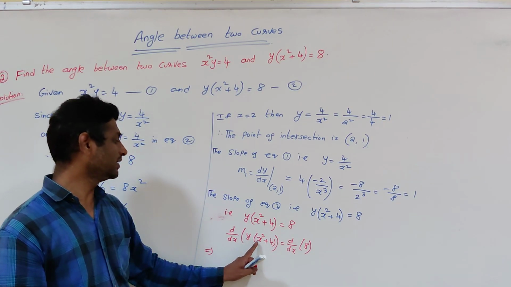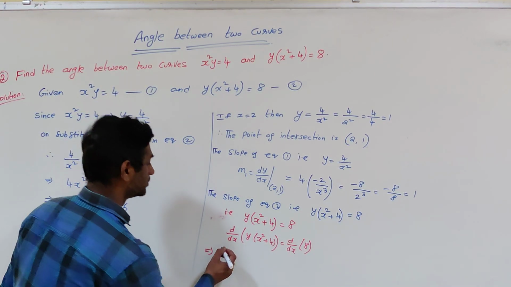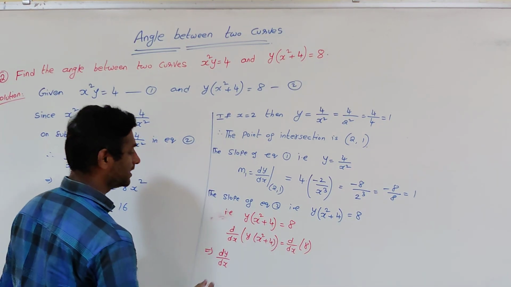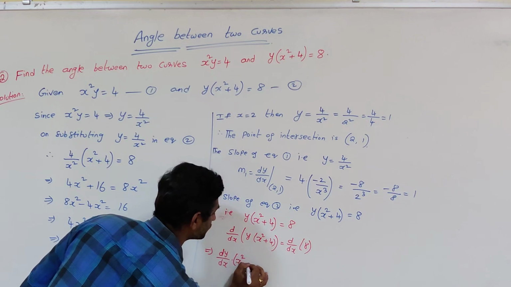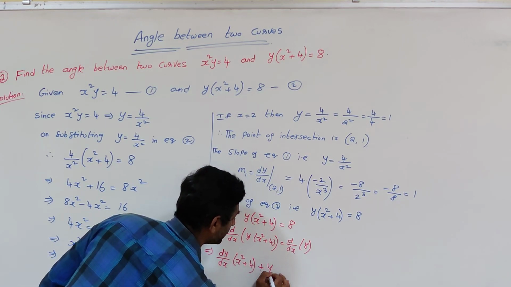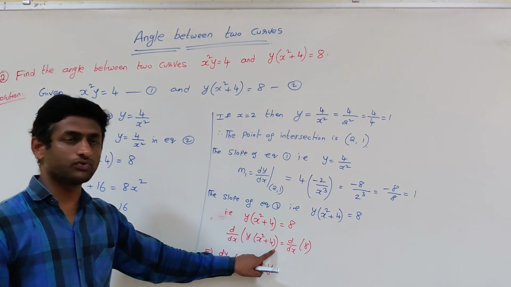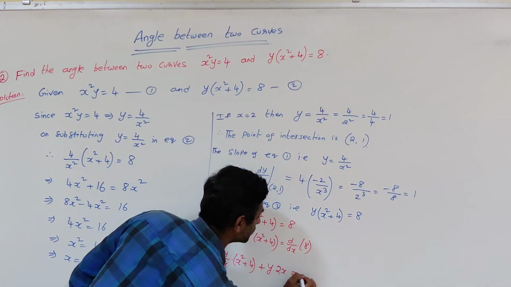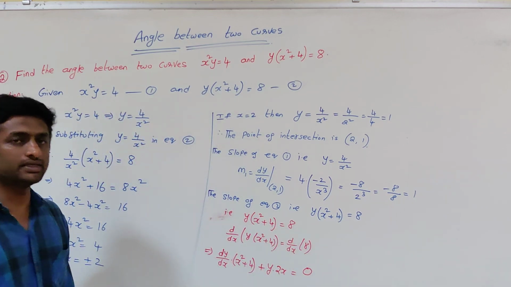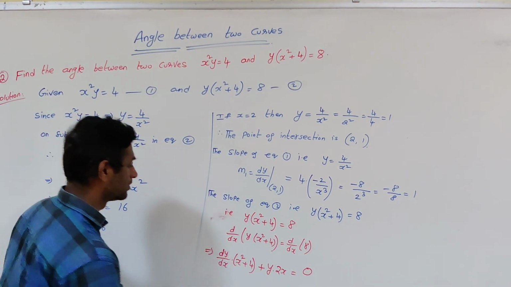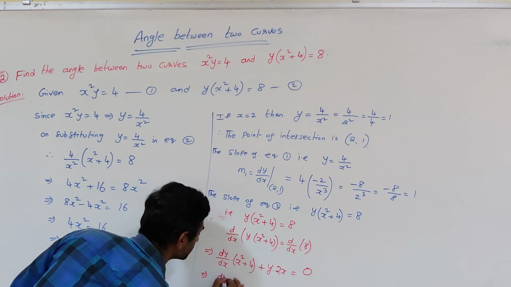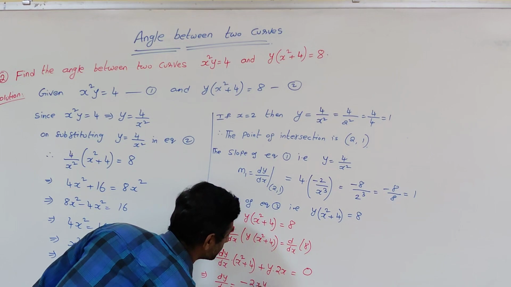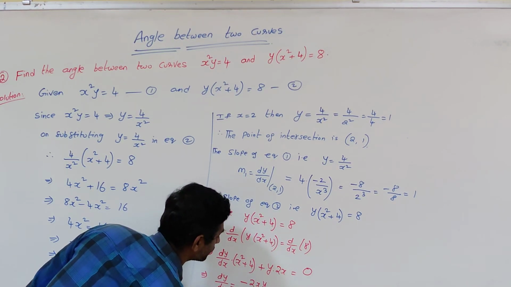Now apply the product rule, as y is one function and consider another function x square plus 4. So u is y, v is x square plus 4. The derivative is dy by dx into x square plus 4 plus y into the derivative of x square plus 4, which is 2x, equal to 0 because the derivative of 8 is a constant, 0. From this, dy by dx is minus 2xy by x square plus 4.